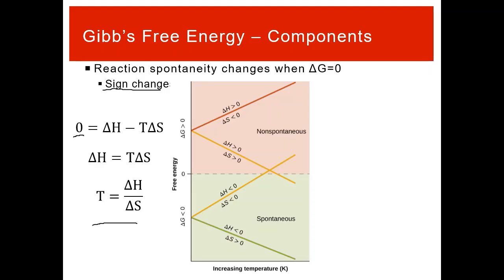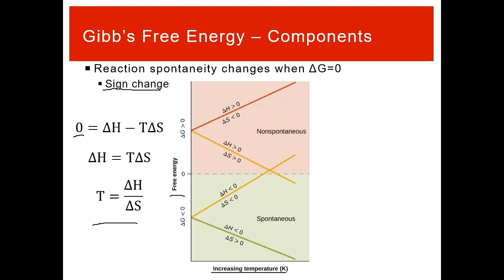It doesn't tell us if a reaction changes from being spontaneous to not spontaneous or anything like that, just that it will change. So if we look over at our graph here, we're looking at the value of the free energy for a chemical reaction as you increase the temperature. The variability is based on the different signs of the enthalpy and entropy change.